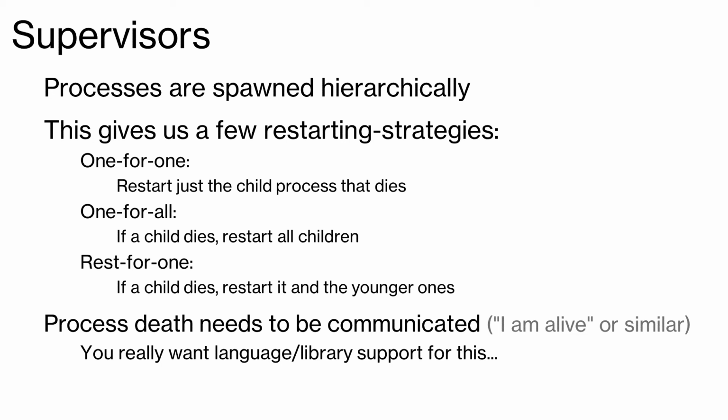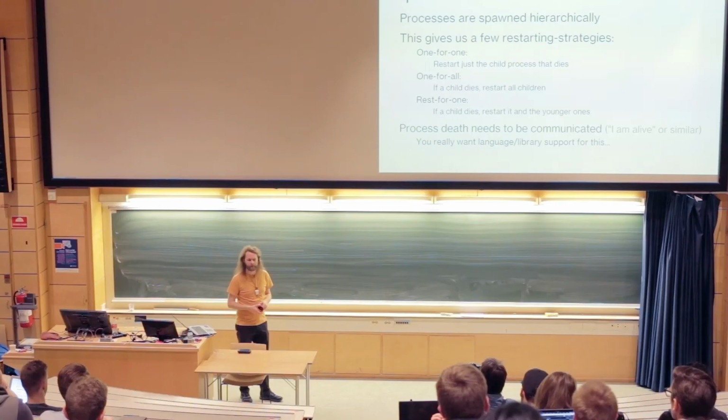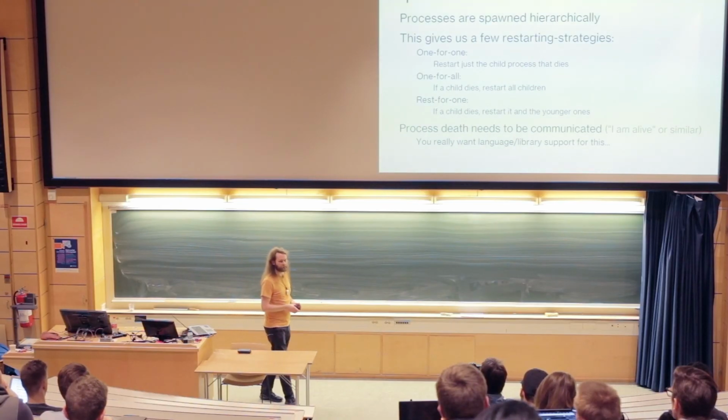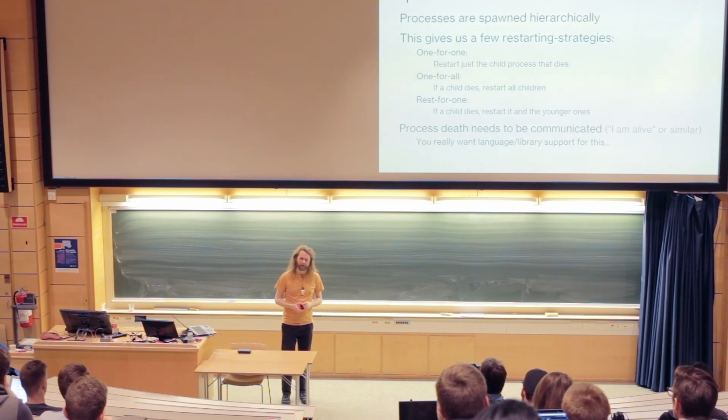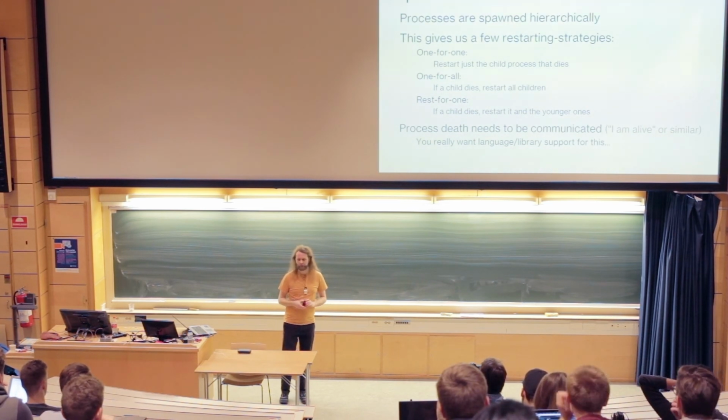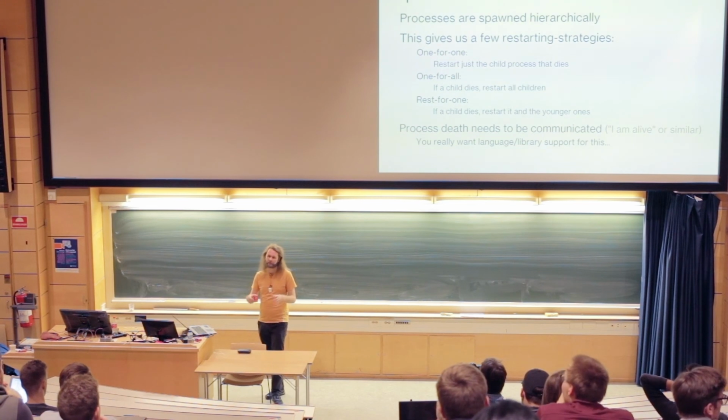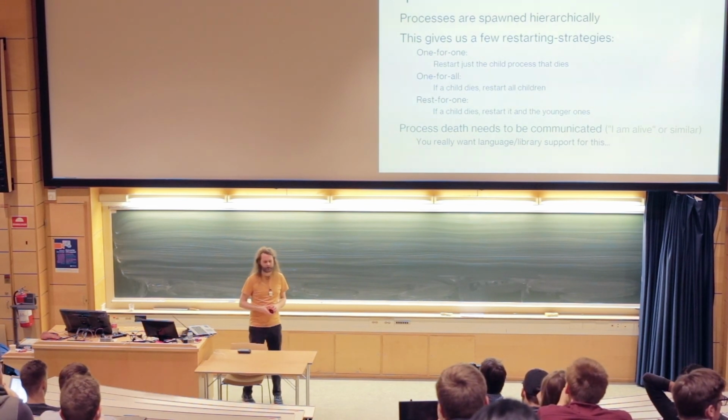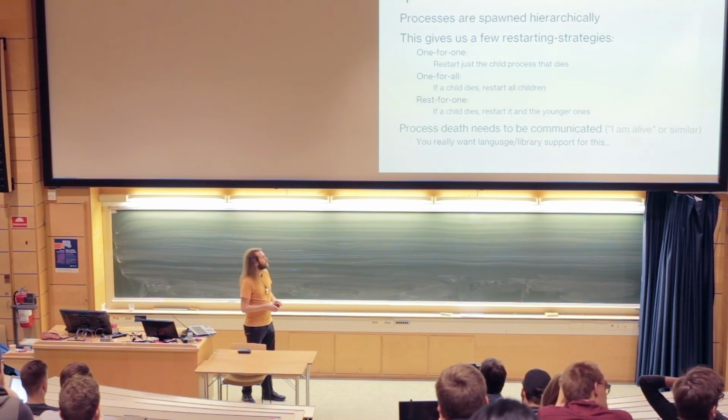So that if one of these failed, a bunch are restarted, but not the entire program. So these restarting mechanisms are part of the language, or part of the language infrastructure. So if you really want to do process by process restarting, ideally you would want language support for it. Doing it in something like Go, you'll have to send a bunch of "I am alive" messages from all of your processes and create your own supervisor tree, which is a bit of a pain.